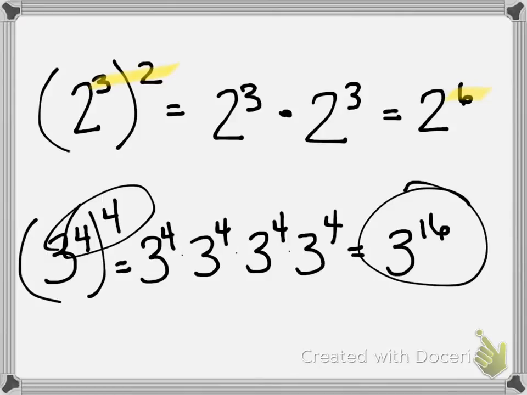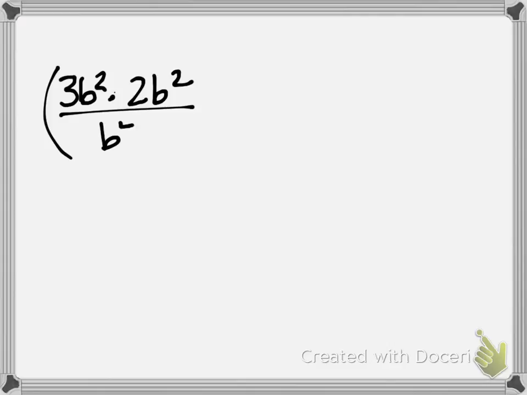So if we look at number 34, that's going to put a lot of these properties together. On number 34, we have 3b squared times 2b squared all over b to the 4th, and the whole entire thing is squared. Well, let's simplify the numerator first here. Are the bases the same?